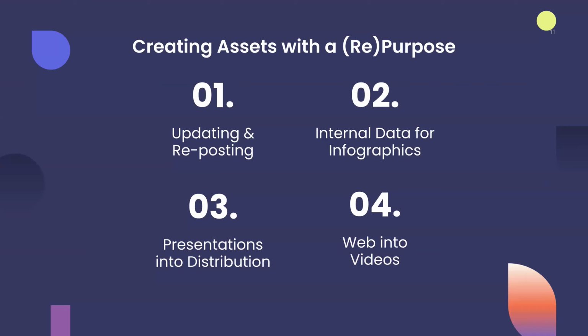How you can create your assets with a purpose, or in this case, a repurpose, updating and reposting, using internal data to create infographics, making presentations into a form of distribution, and lastly, how to optimize web experiences into videos and using video content on the web.